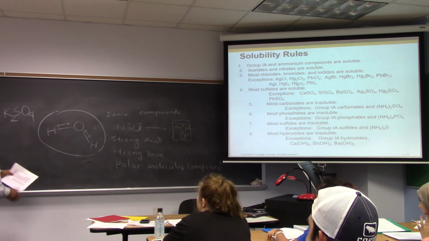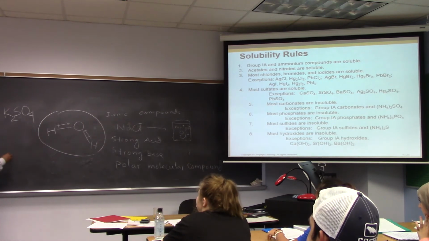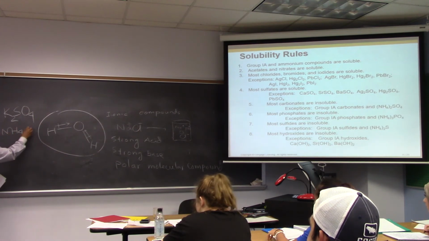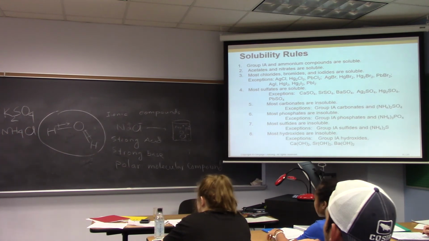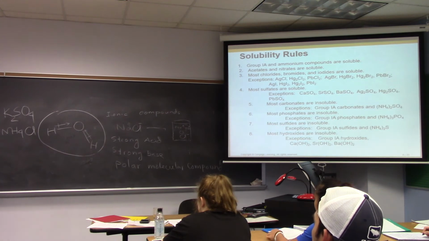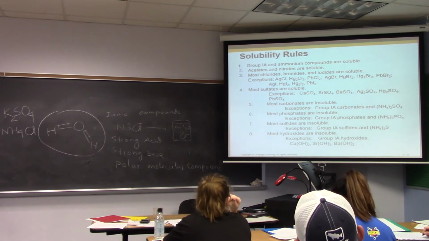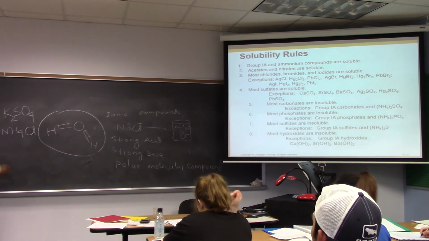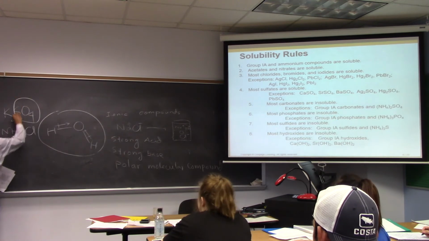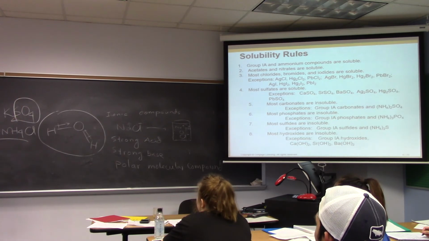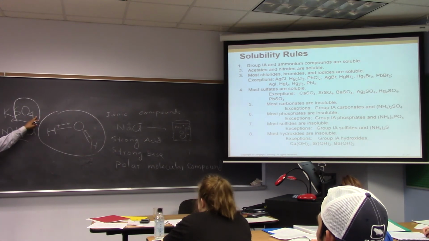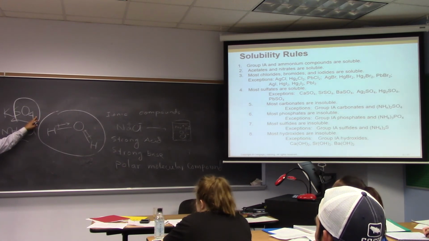So how about ammonium chloride? Is it soluble? Yes, it is, because it says ammonium compounds are soluble. Okay, one thing I was just trying to remind you: polyatomic ions, ammonium sulfate. Did you memorize the table? You have to.